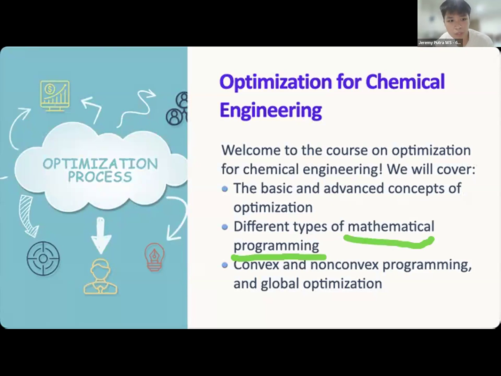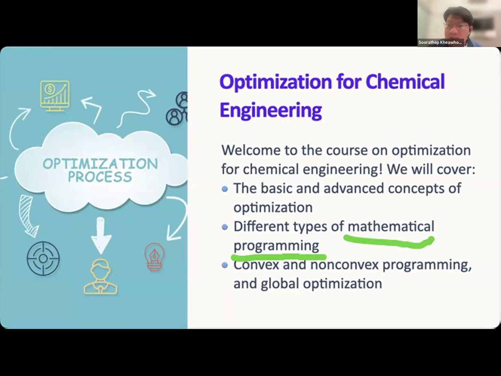For mathematical programming, it is actually like computer programming, but it is focusing on writing mathematical equations and algorithms, specifically to solve maybe a multivariable equation, something like that, I believe. Okay, I will tell you later, but it's totally different from computer programming.